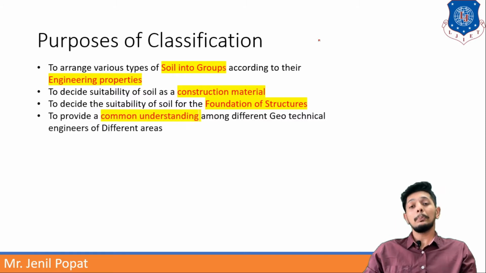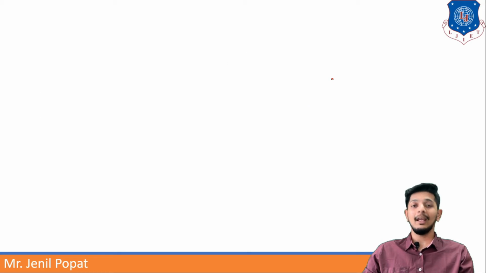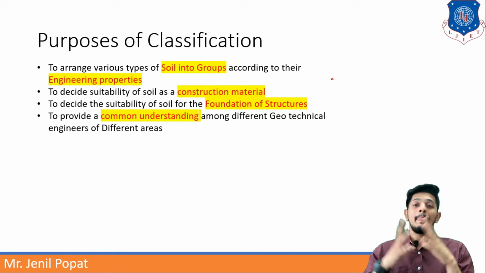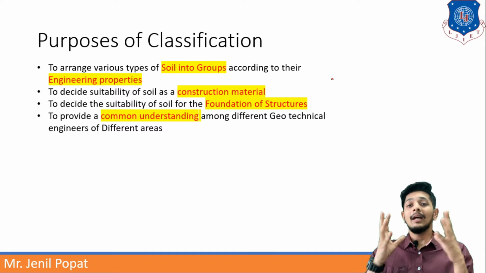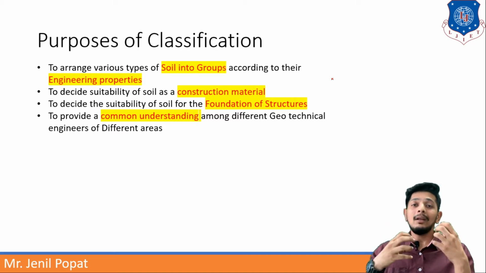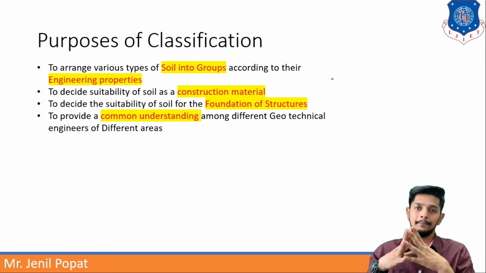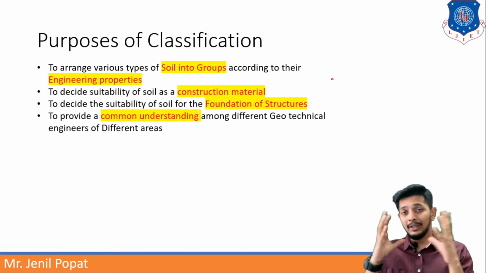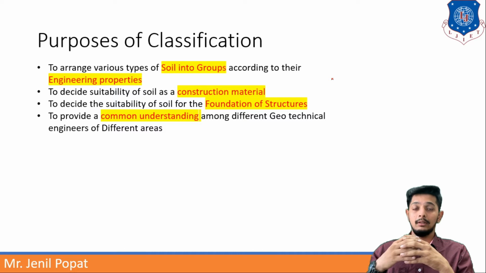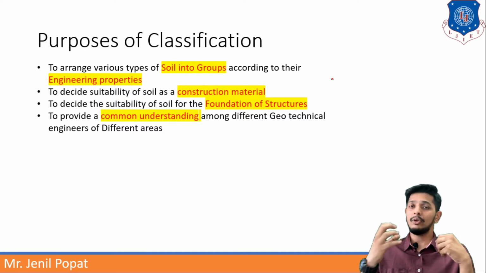Moving forward, to provide a common understanding among different geotechnical engineers of different areas. So, for example, let me say that I am a geotechnical engineer from Ahmedabad. If someone comes from a different city like Calcutta, or let us say New York or Mumbai, they must know the basics, but they are telling that the soil is red and I am telling the soil is maroon.